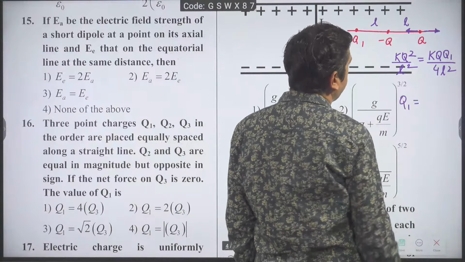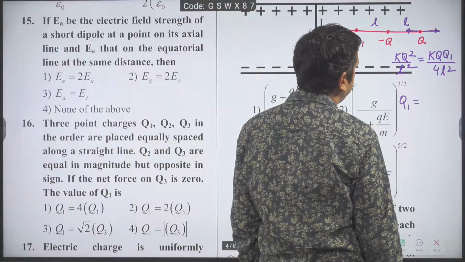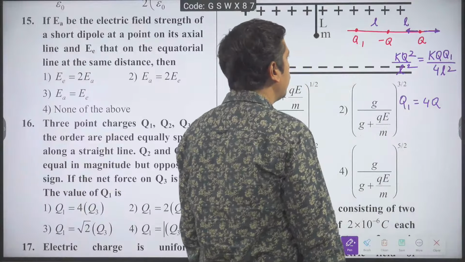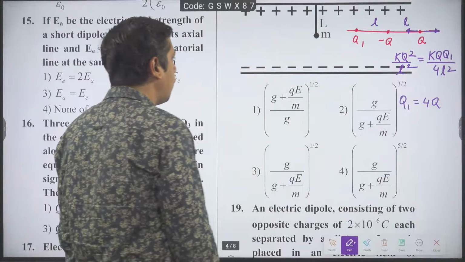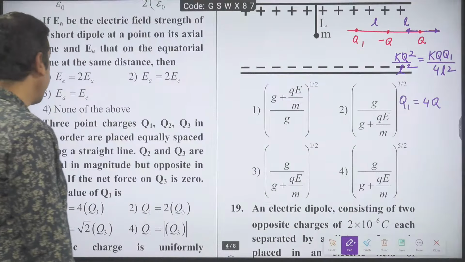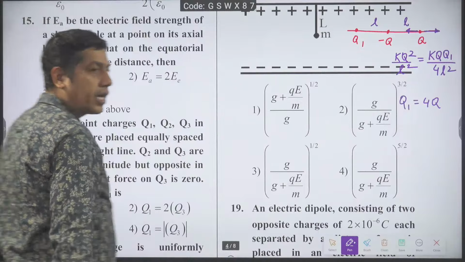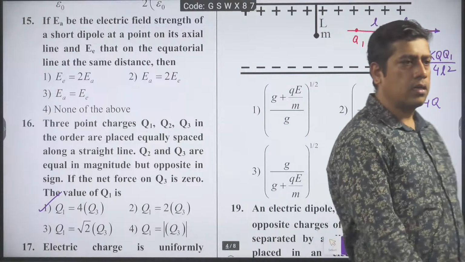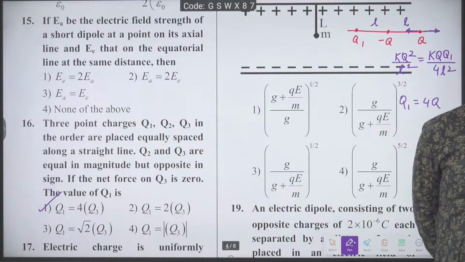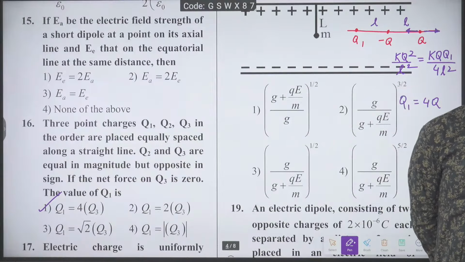So Q1 we are getting 4 times Q, and Q is nothing but Q3. So option number 1 is correct. You were saying option number 4. Wrong. Don't remember any result thinking this is the same question.